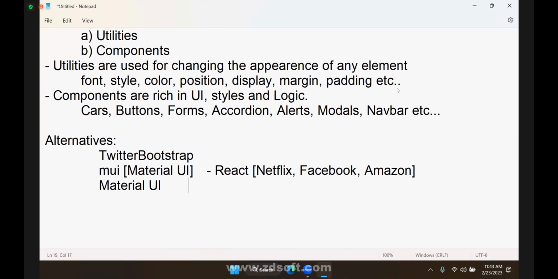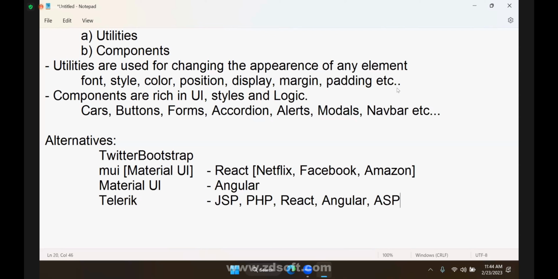Material UI is used by Angular-like technologies. And we have Telerik, which is used for various technologies like JSP, Java, PHP, Python, and React, Angular. ASP.NET people also use this Telerik. We have third parties like DevExpress, so many are there. We have jQuery UI.